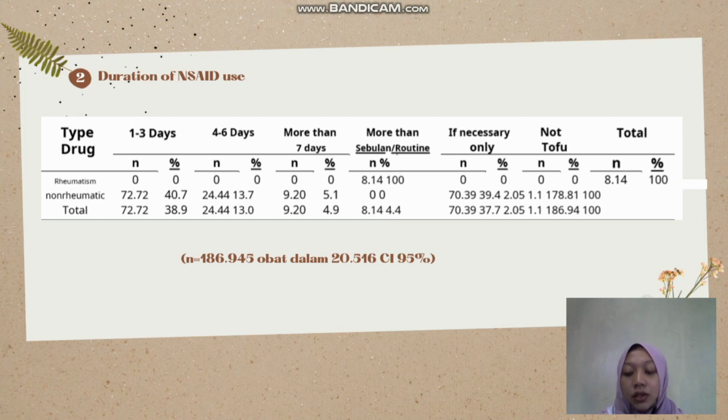The types of non-steroids prescribed by doctors and healthcare services are non-selective non-steroid anti-inflammation drugs, for example diclofenac, metamizole, piroxicam, paracetamol, acetosal, indomethacin, phenylbutazone.